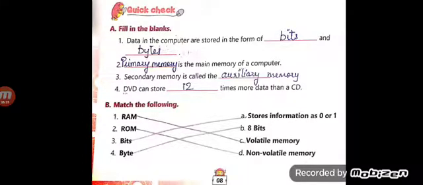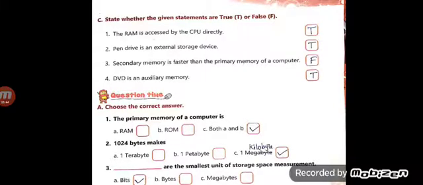Next we have match the following. RAM is also called volatile memory. ROM, non-volatile memory. Bits store information as 0 or 1. And 1 byte is 8 bits. Now true or false? The RAM is accessed by the CPU directly. Yes, it is true.